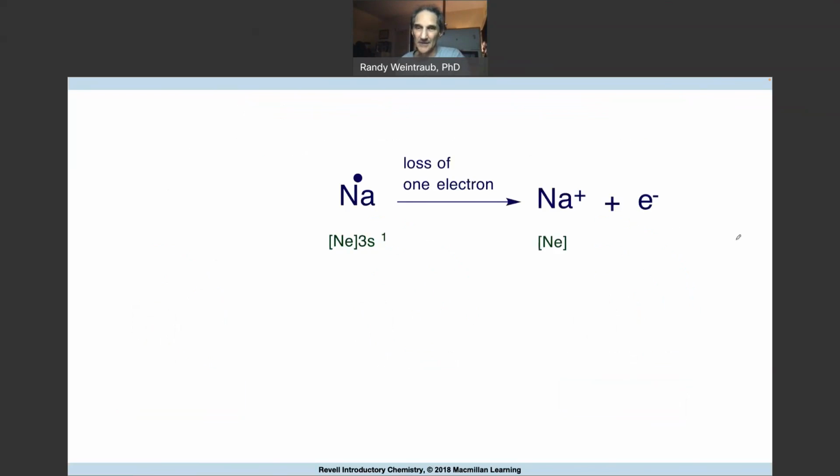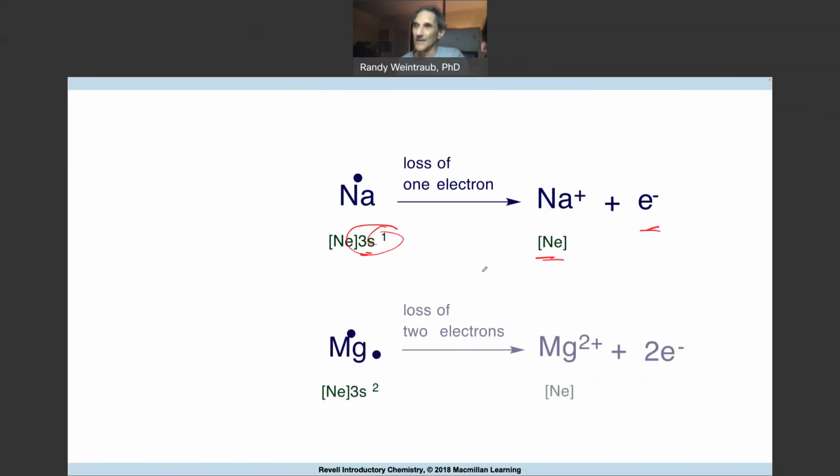See that happen here. Sodium, with its electron configuration of 3s1 at its highest energy level, will lose this valence electron and become neon, losing an electron that could be gained by another atom to fulfill its octet. Magnesium will lose 2 and become magnesium 2+, a cation.